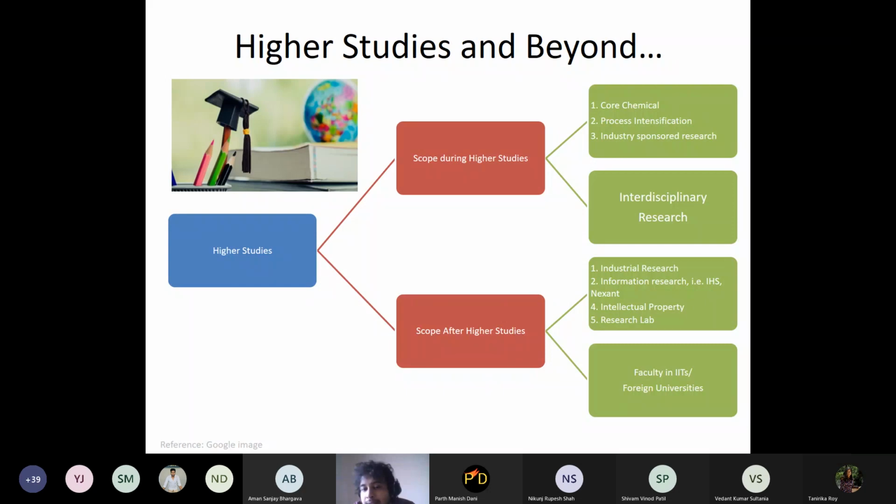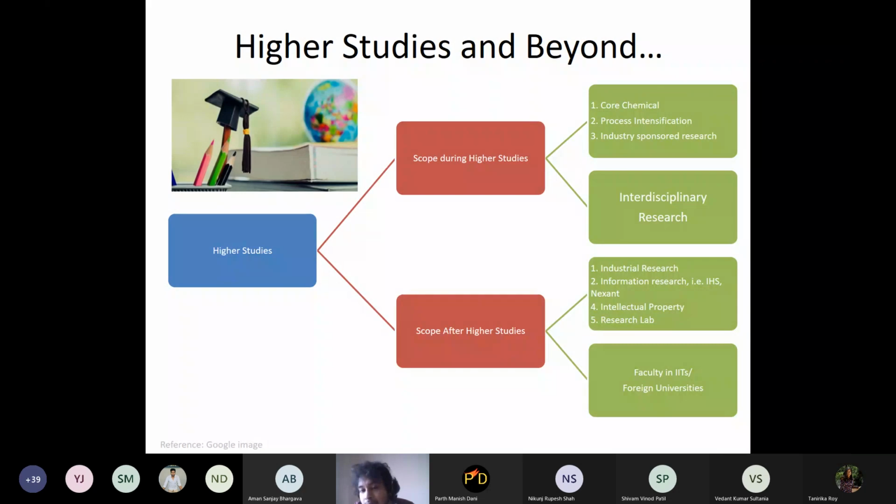So industrial research is basically utilizing the skill sets you acquired during your higher studies, applying them and learning new skills in the process. If you worked in process synthesis or process optimization or intensification, you use those know-hows in corporate R&Ds.